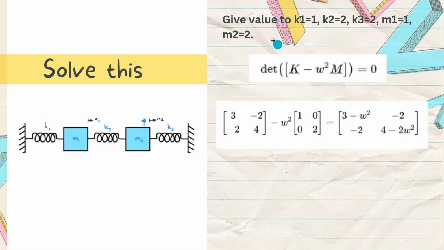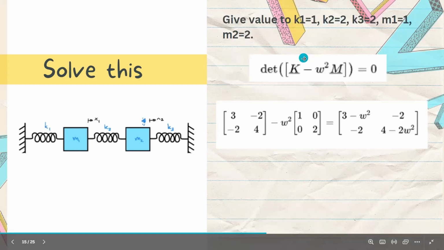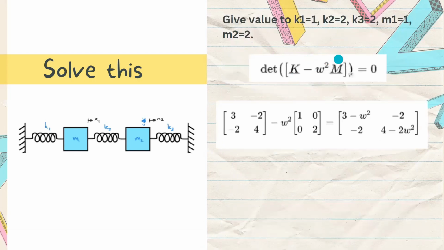So now we give values to k1, m1, k2, m2, and k3. k1 is equal to 1, k2 is equal to 2, k3 is equal to 2, m1 is equal to 1, and m2 is equal to 2. To solve this matrix, we need to solve the determinant of K minus omega square M. K represents the stiffness matrix and M is the mass matrix.